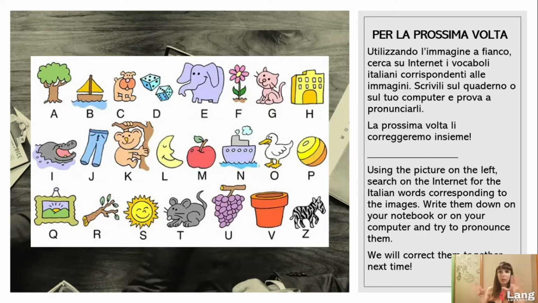It will direct you to the dictionary, so you can search for the words corresponding to each small picture and find the words in Italian. Attention, letter H is a hotel, letter O is a goose, and letter P is a ball.